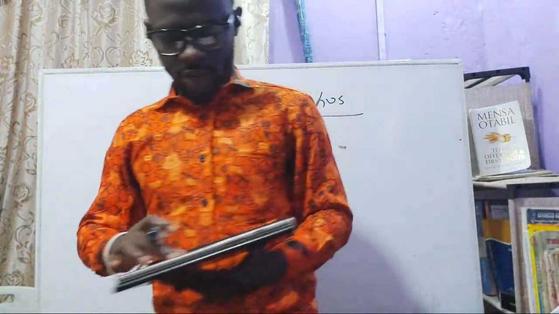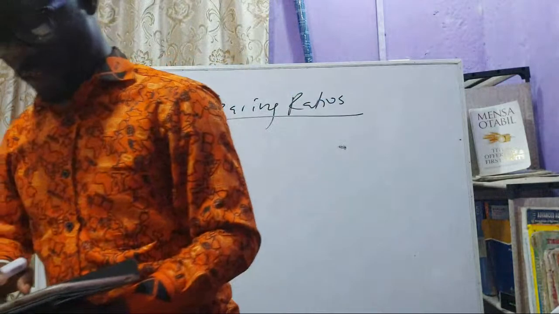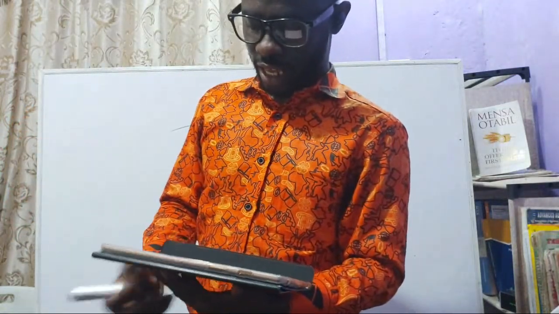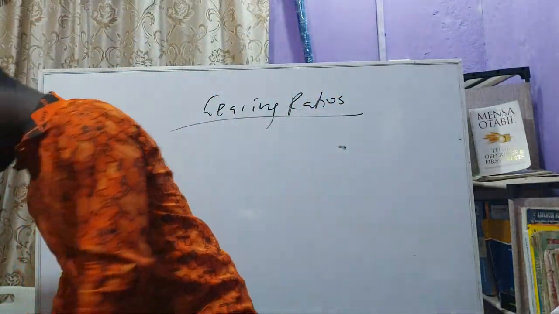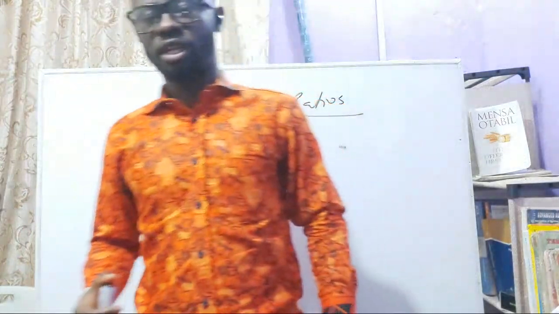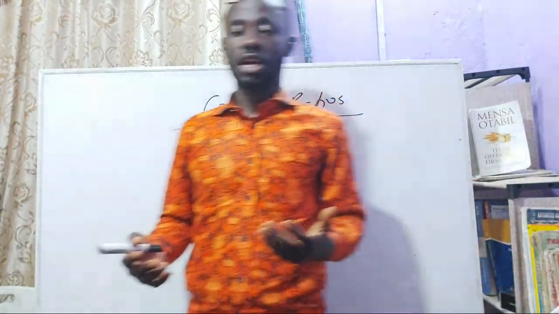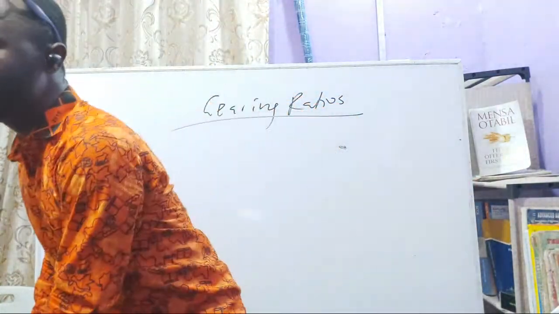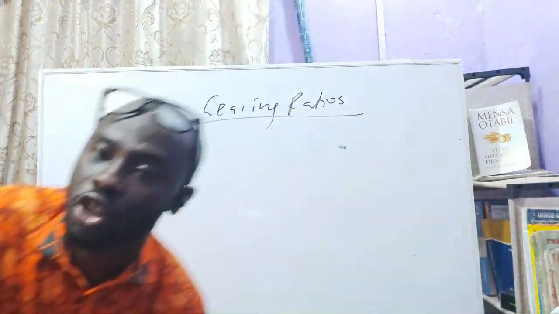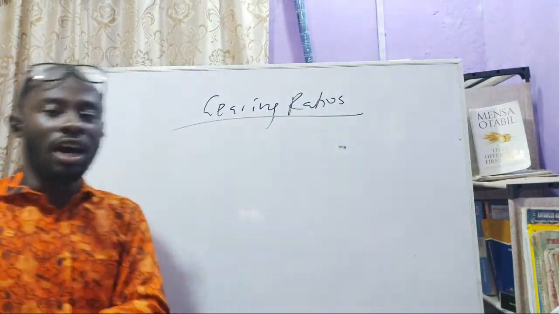Now, like we mentioned earlier, gearing has to do with assessing the long-term liquidity, the long-term solvency of the company. That is, the ability of the company to pay its long-term debt as and when they fall due.